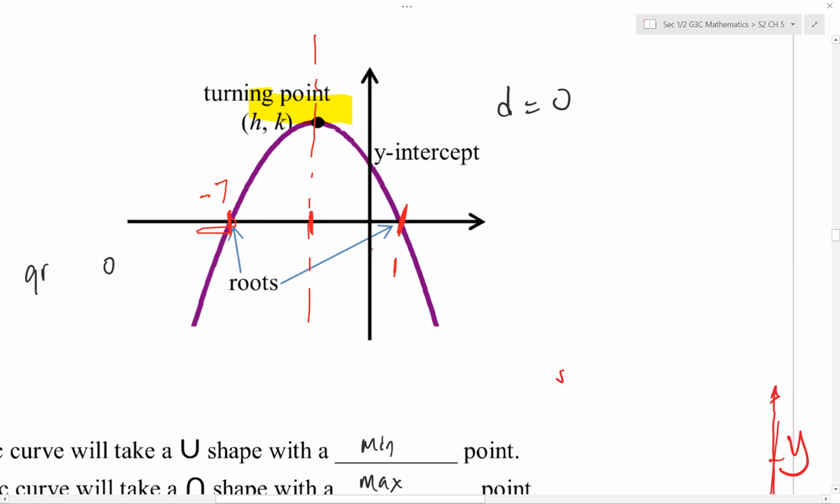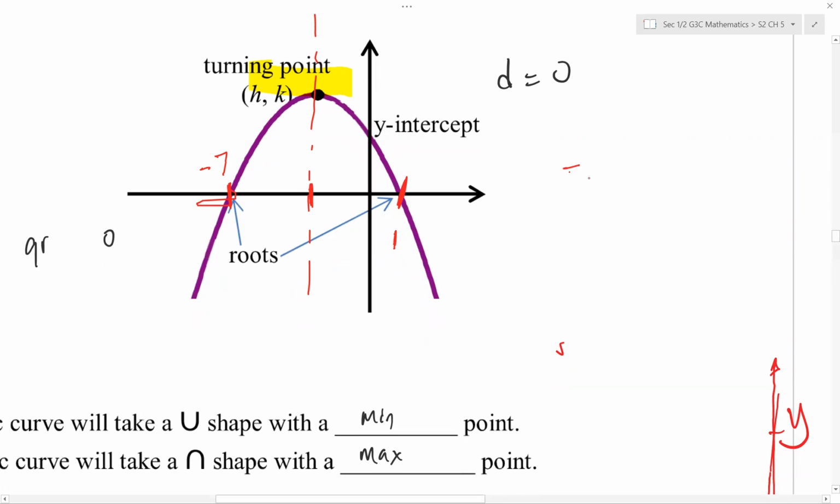Same approach applies. We are trying to find the middle, the average, of negative 7 and 1. The average of two numbers, don't care positive, negative, just add and divide by 2. So negative 7 plus 1 over 2, we get negative 6 divided by 2, negative 3.